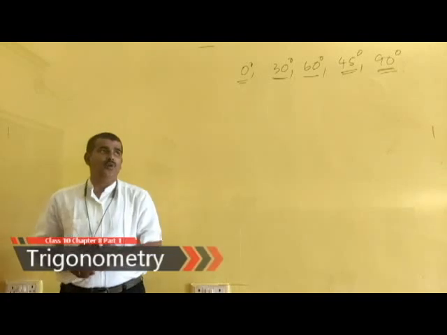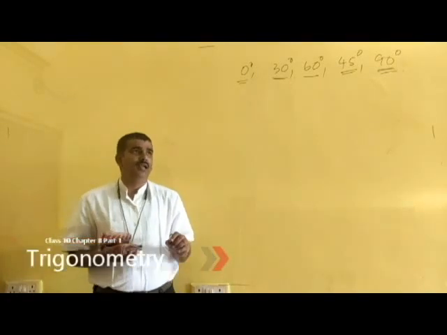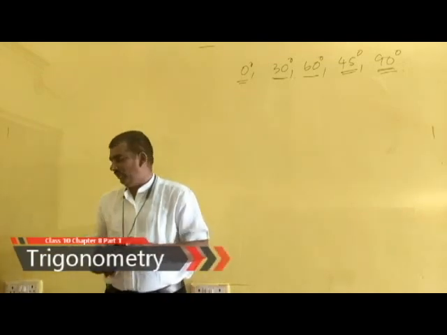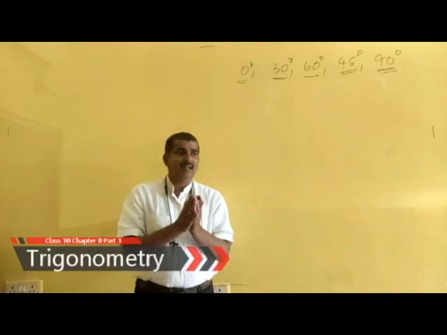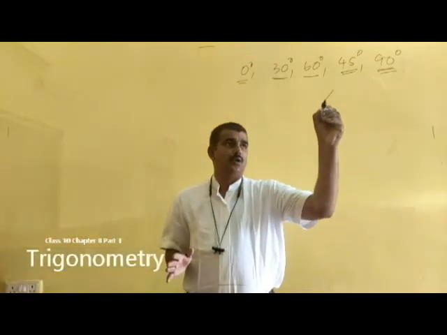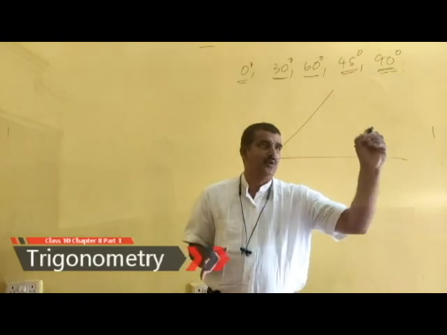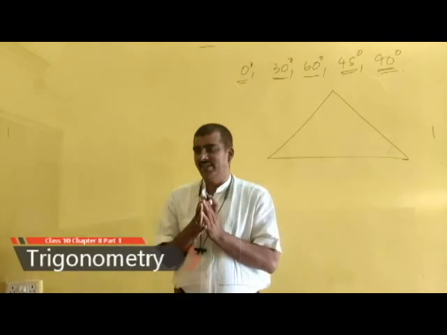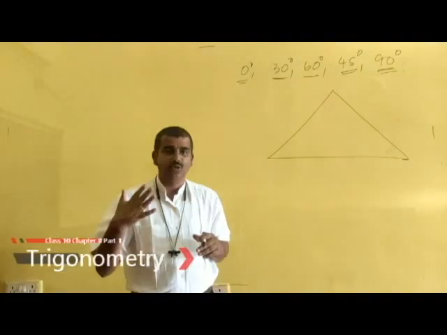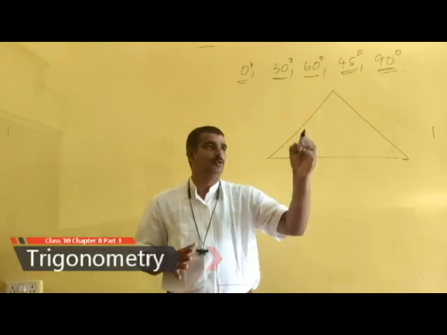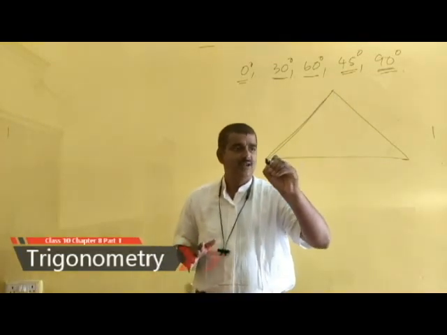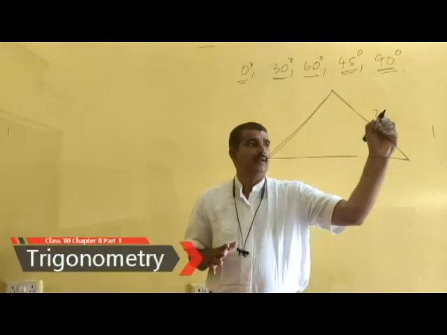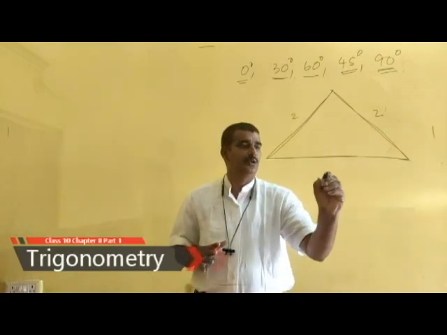Now, see, first one, 30 and 60. How can we derive the values of sine 30 and sine 60, cos 30 and cos 60? For that, you must draw a triangle. I am drawing a triangle in a way quite different from trigonometry. In trigonometry, one angle should always be 90 degrees, as I told you already. But here I am drawing an equilateral triangle with side 2: 2 units here, 2 units here, 2 units here.